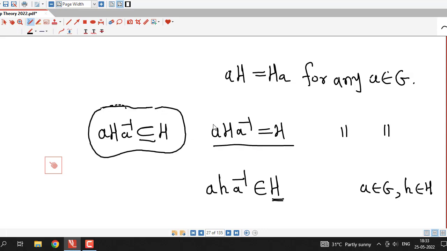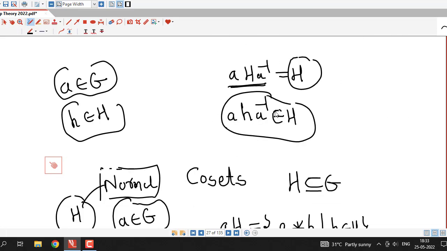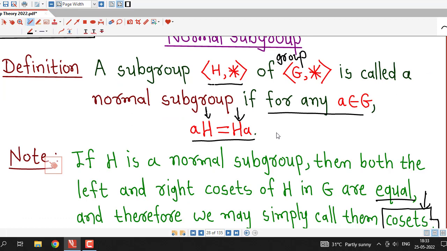So this is also valid. So these are three equivalent definitions of the normal subgroup, and I have written all these definitions.